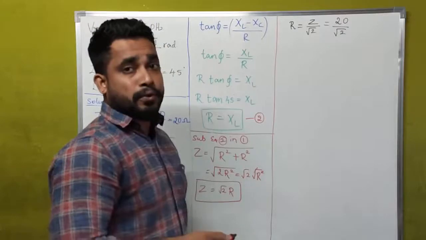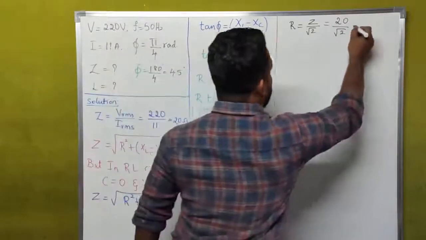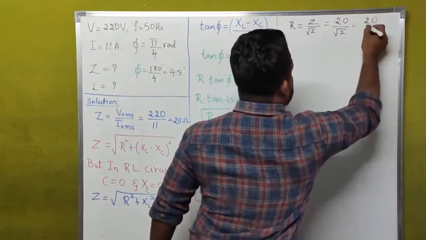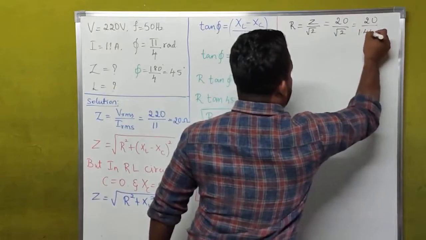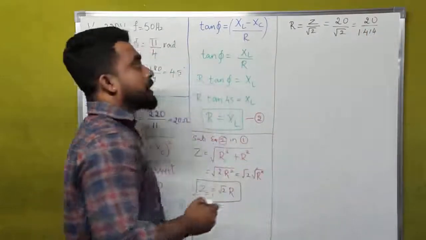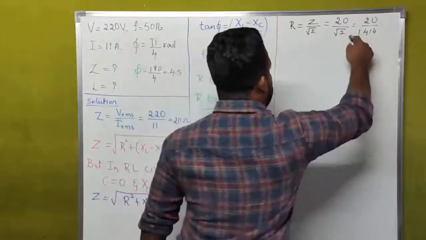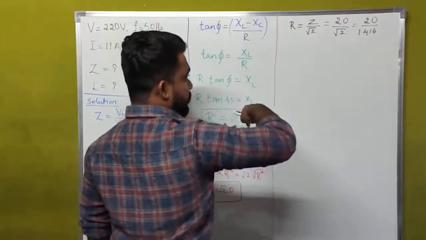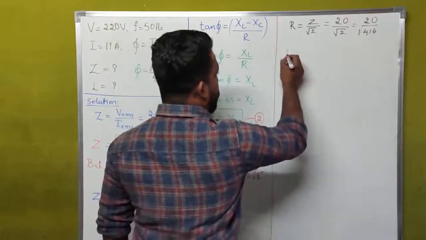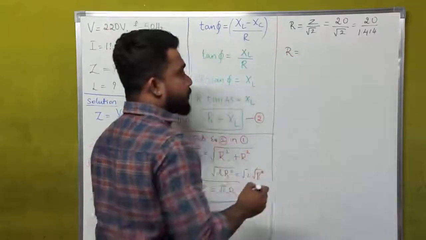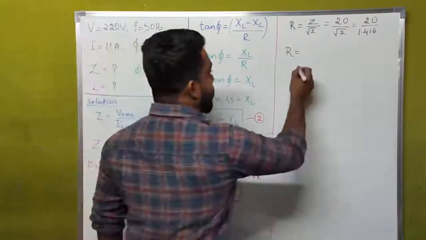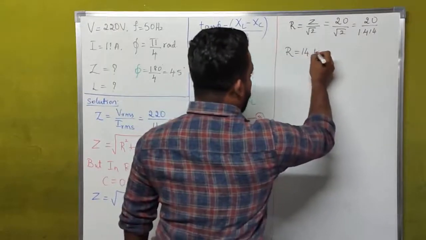What is the value of root 2 then? That is 1.414. 20 divided by 1.414, what we will get? That is 14.144.